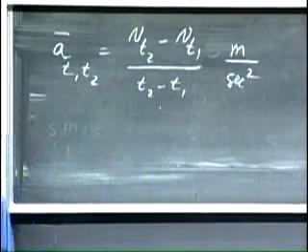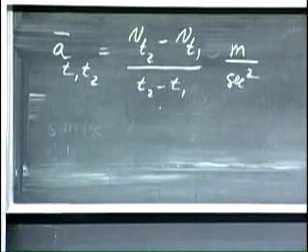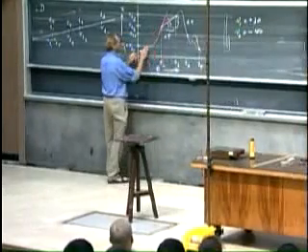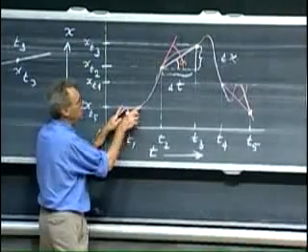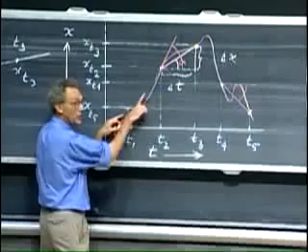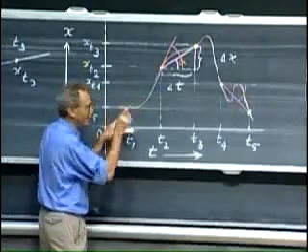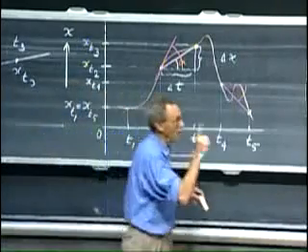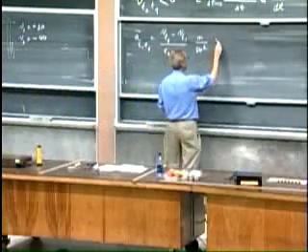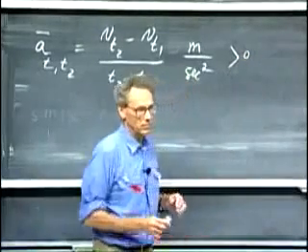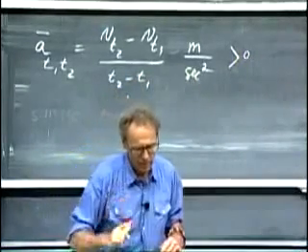In our case, t1 to t2, here, notice the velocity is 0 as a start, and it begins to increase because this angle of alpha increases. It's the angle that matters. The angle increases, so in our case, from t1 to t2, the average acceleration is larger than 0. Look at the angle.